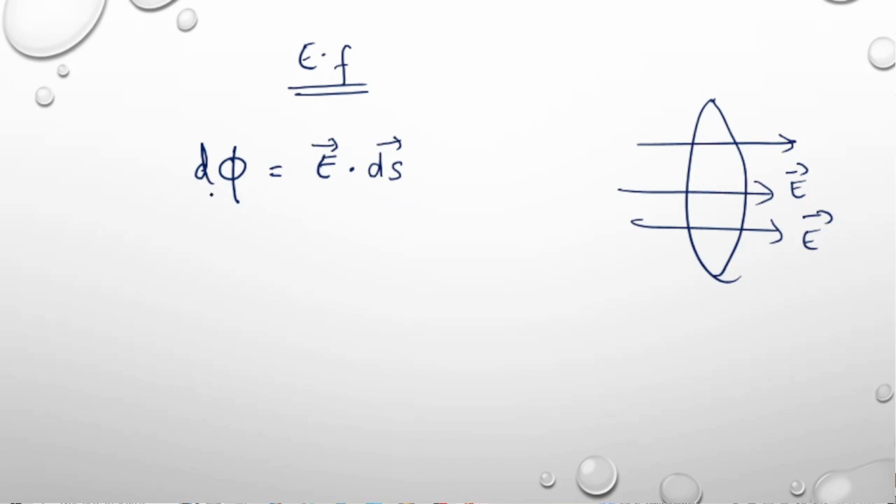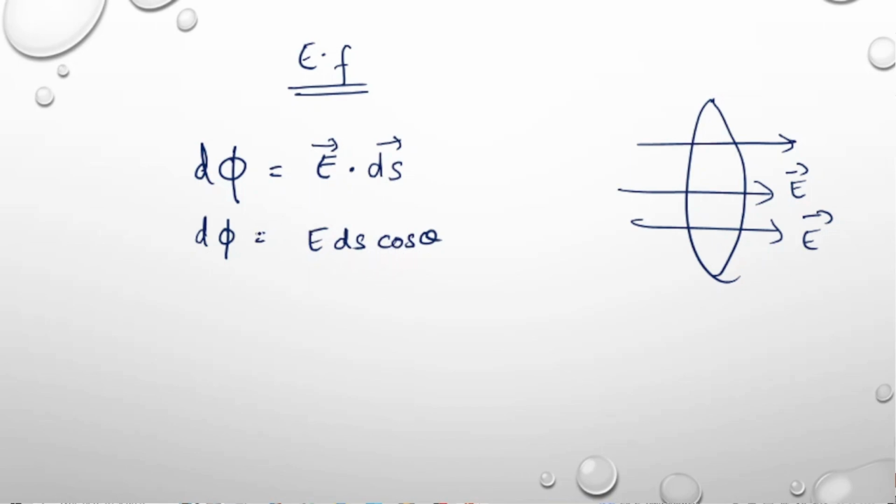Now this one is going to be a dot product. That means I can expand it, right? If it is a dot product, then you will get E ds cos theta. If it is a dot product, you use cos theta.